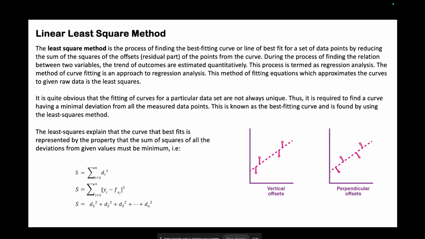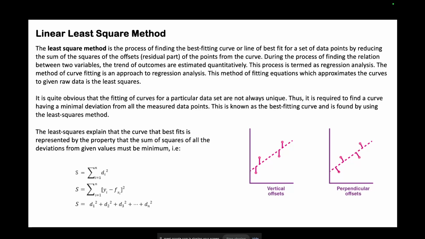I'll give you an example. If you're looking at perpendicular offsets, the idea is that your variability is across both x and y.